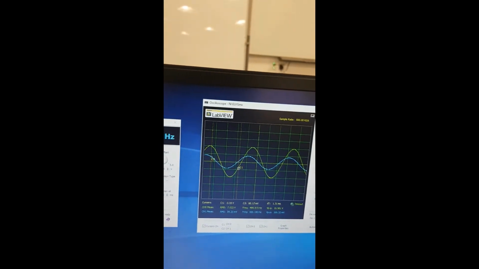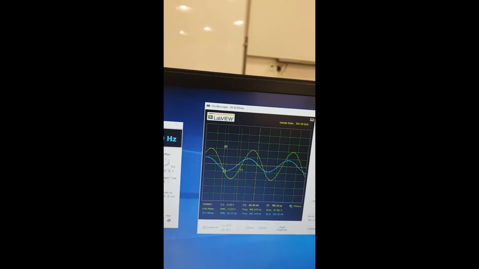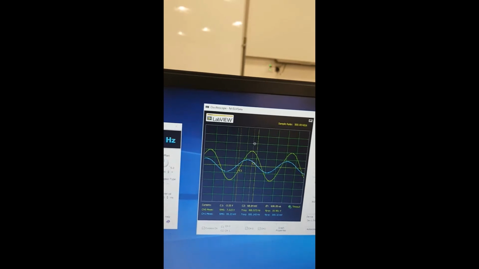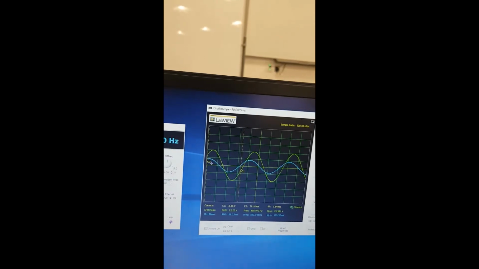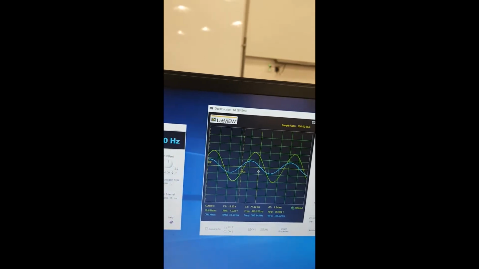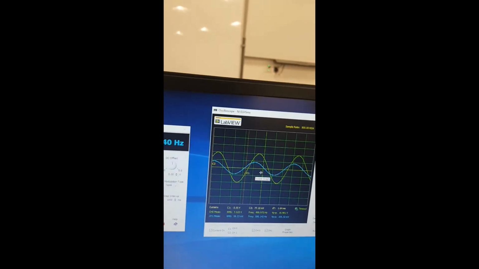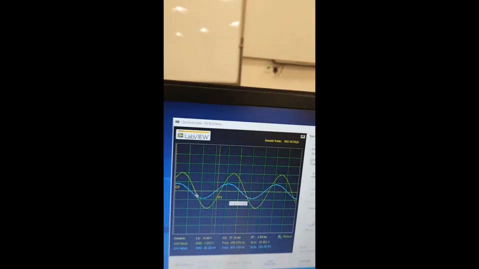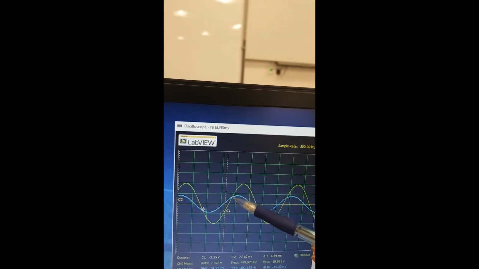See, this horizontal line is always on the green signal. C2 is always tracking which signal? The blue signal. So we'll use C1 for the green signal and C2 for the blue signal. It's easy to see the intersection point of the green signal with the x-axis and the intersection point of the blue signal with the x-axis.